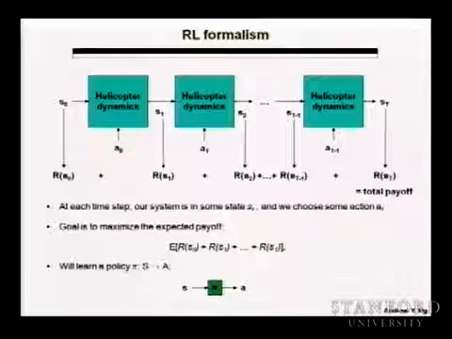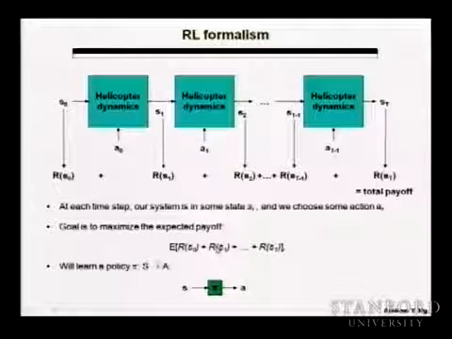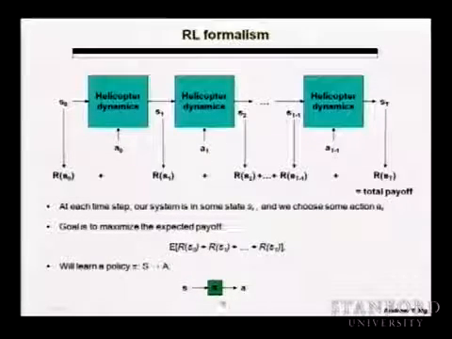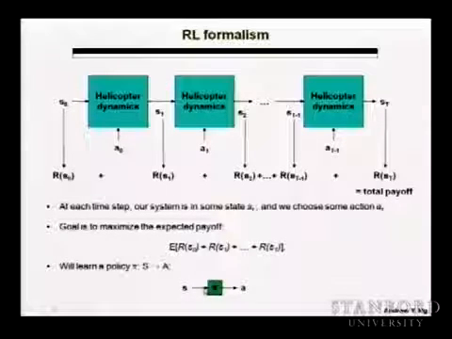And so our goal is to maximize the expected payoff, which is the expected sum of rewards. And our goal is to learn a policy, which I'll denote via a green box. I'll switch back to deterministic policies for now. So my deterministic policy will be some function mapping from the states to the actions.